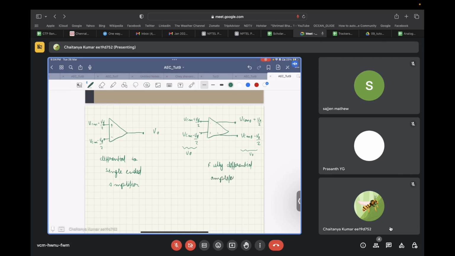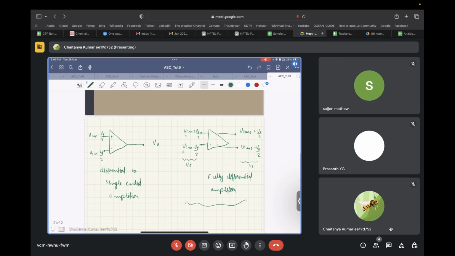So, what is basically the pro of this fully differential amplifier is that the noise that rides on the common mode of input and output can be omitted altogether. Since we are only taking the difference between the two lines, let's say there is a common disturbance coming due to power supply variation or any electromagnetic coupling onto the signal lines.